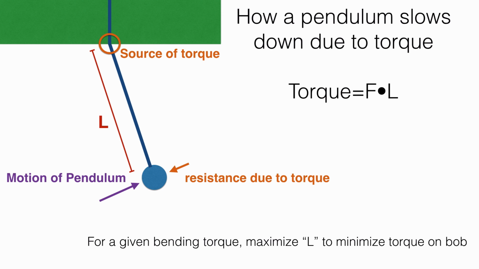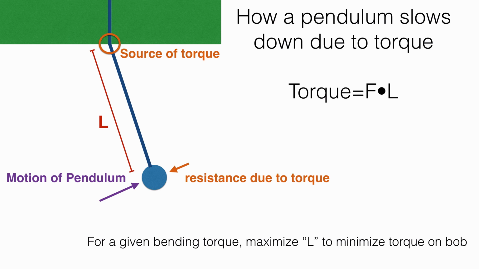But what does that translate to? It translates to torque where the pendulum bob is. So the pendulum bob is at the end of a length of either wire or string. Well, that's where the torque is going to have an effect. All right. So the motion of the pendulum again is in purple. Now the resistance due to torque is in orange. Now, how do you find that torque? It's essentially the force times the length, right?